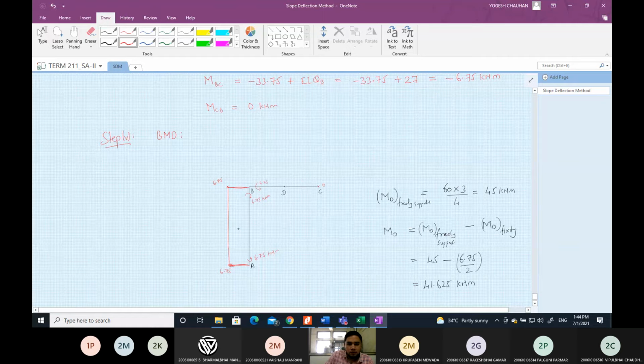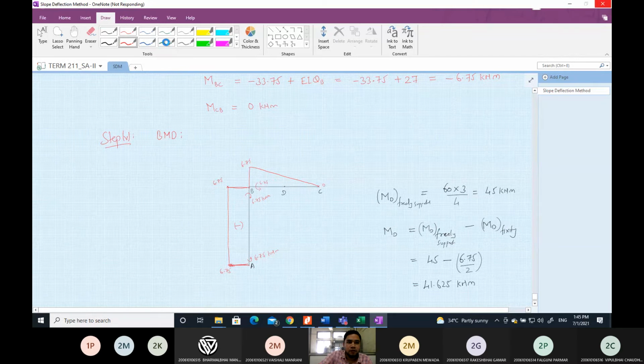This will be negative because it is causing hogging, and here it will again be 6.75, and this will be 0 here, and again this is causing hogging, so this is negative.